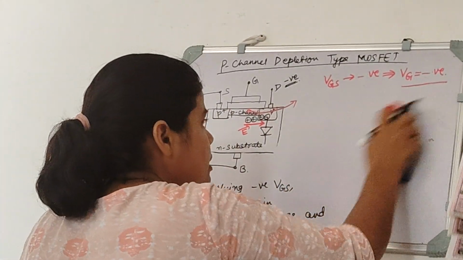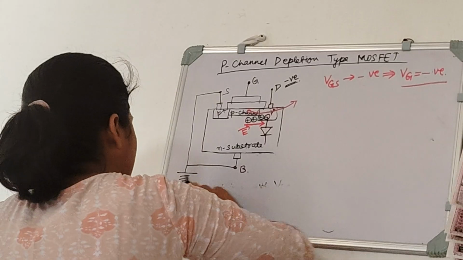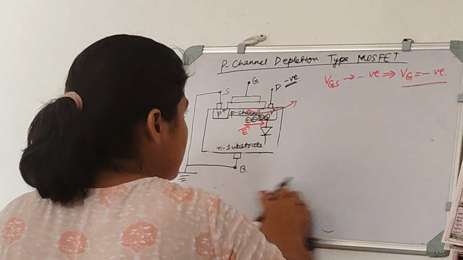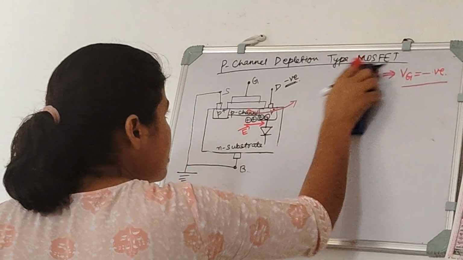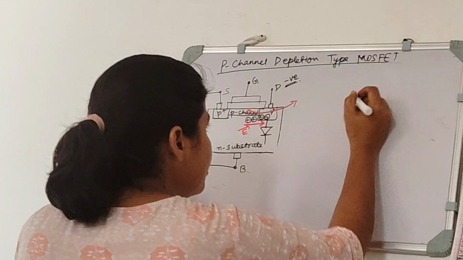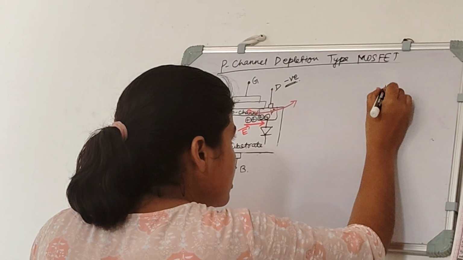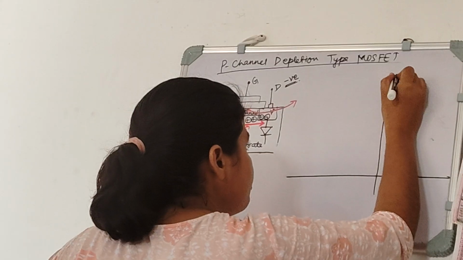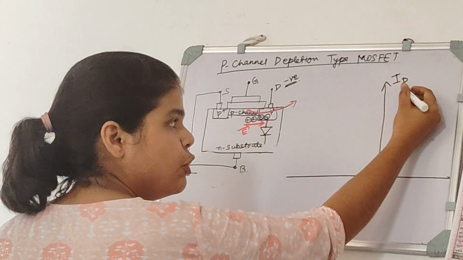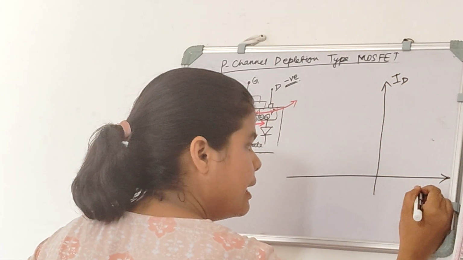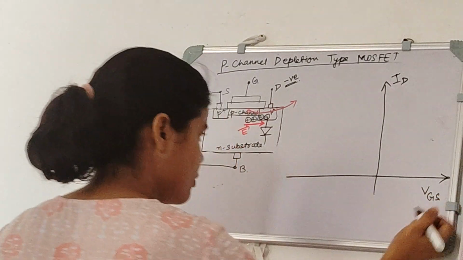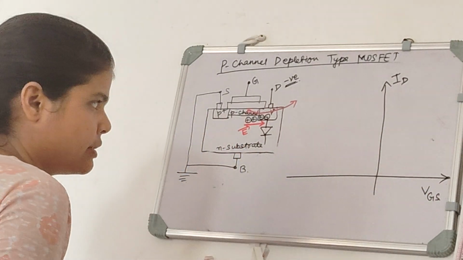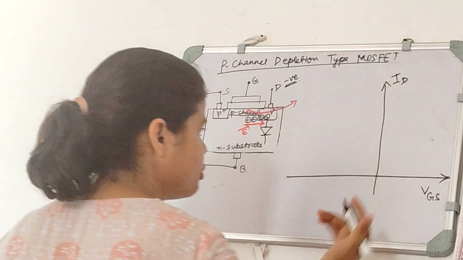Now let's see the curve. So if we draw the curve of ID versus VGS, that is output current and input voltage. So this is the transfer characteristic of p-channel depletion type MOSFET.